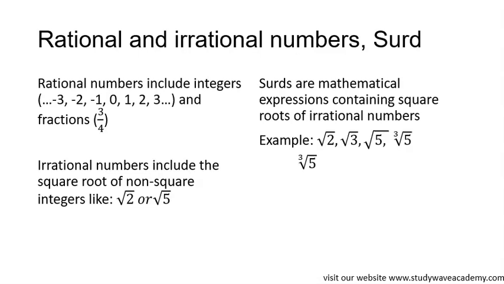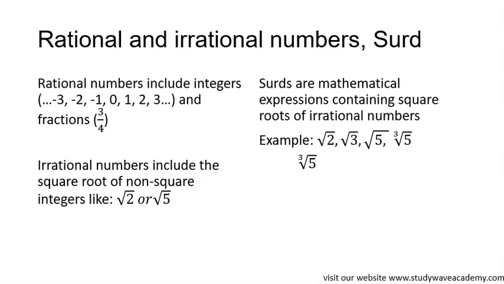Then the negative counterparts are -1, -2, -3, -7, -10, -100. And fractions, which we have here, 3/4. 3 and 4 are integers, right? So rational numbers are like whole numbers.